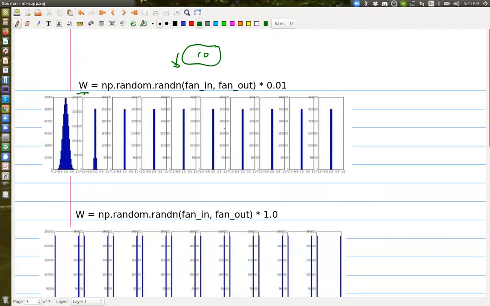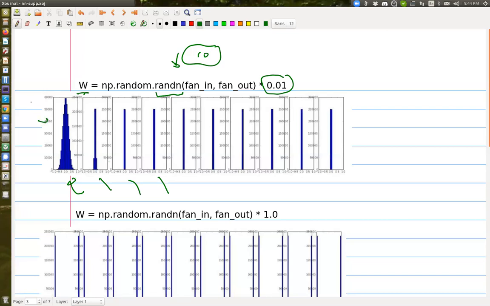Let's say I have a Gaussian initialization for the W, and the standard deviation is 0.01. Then as you can see, what happens as I go through several layers, and what I'm showing here is 10 layers, this is the output of each layer.